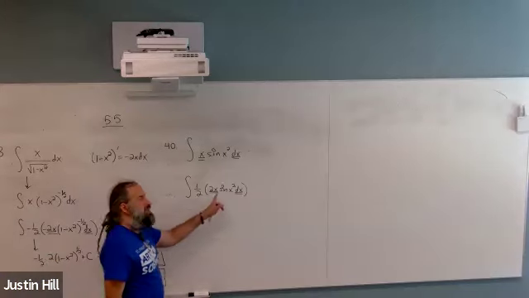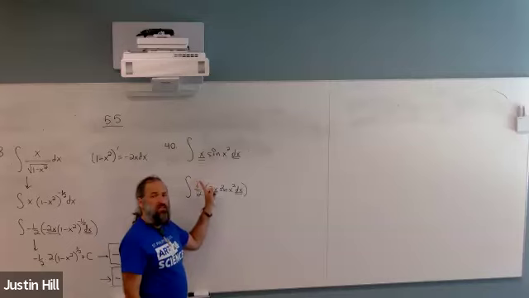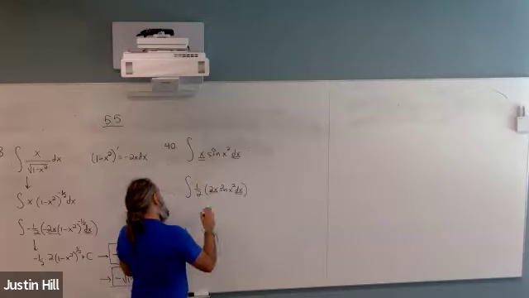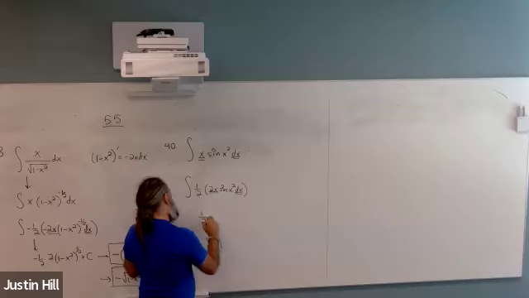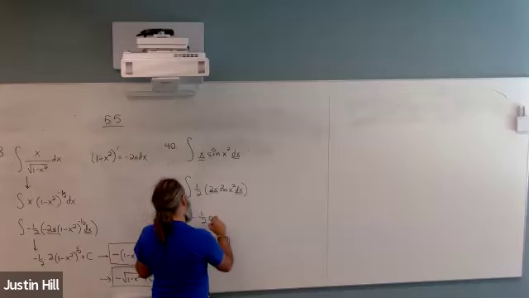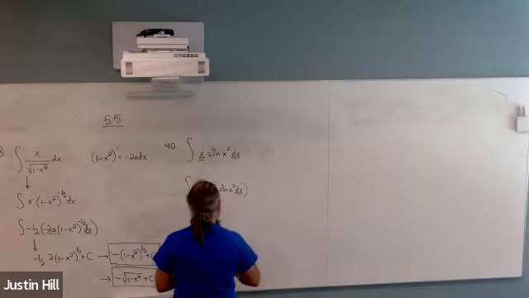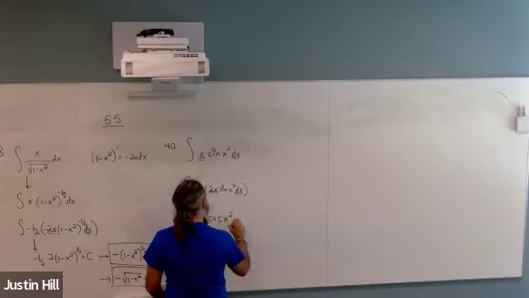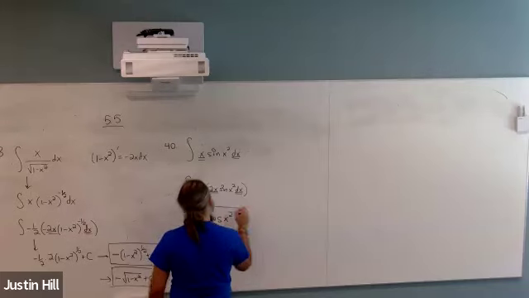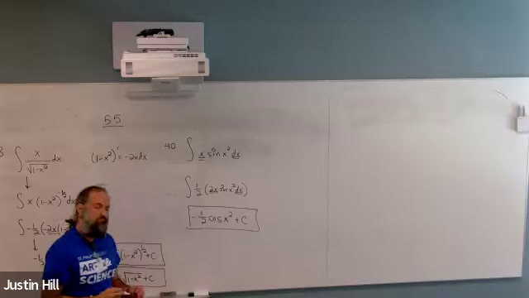The integral of sine, when I go back around, that'll get me to negative cosine. So this is negative 1/2 cosine of x squared. Good. Plus c, and you're done.